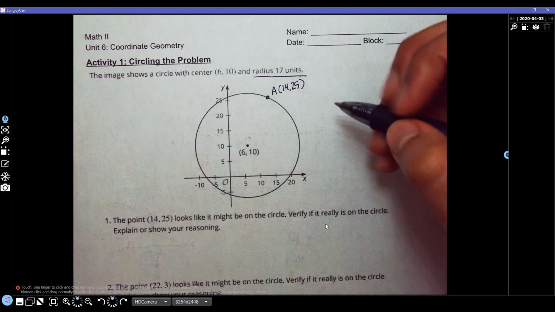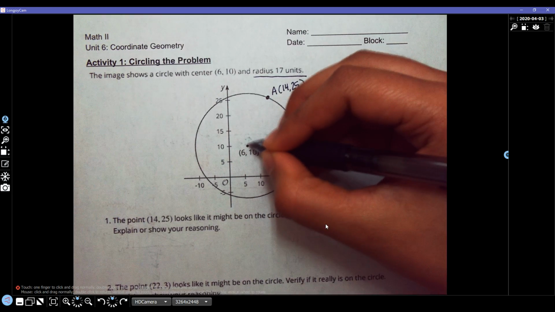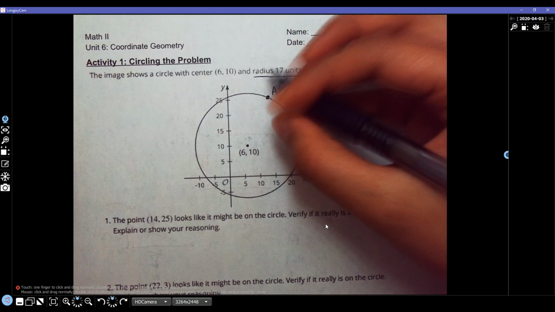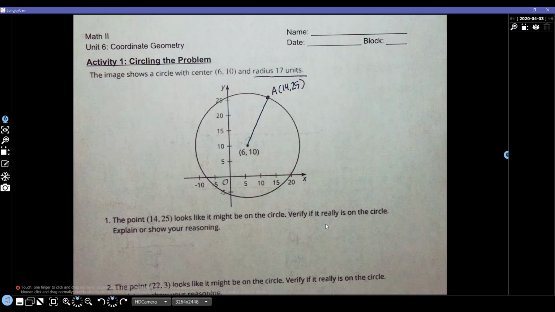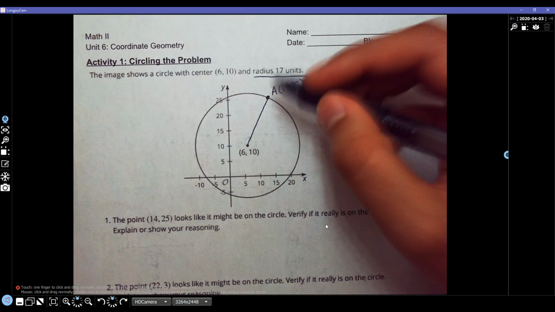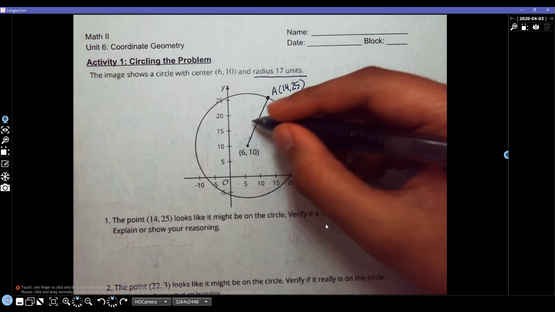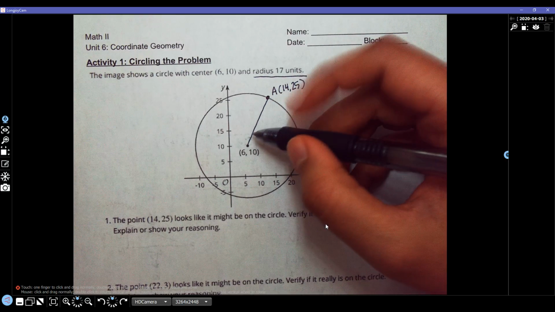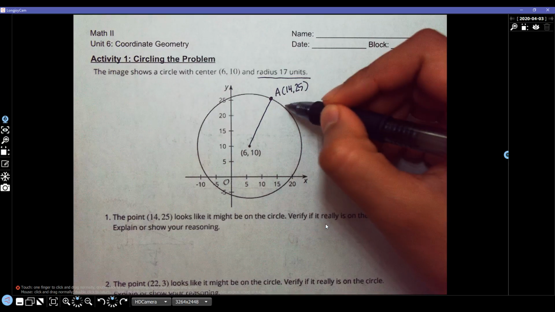So first, let's start by drawing a line connecting our center point, 6, 10, to point A, 14, 25. I'm going to call this point A. We've got a line over here, and this line segment is called our radius, right? Our radius of a circle is the distance from the center point to any point on the circle.